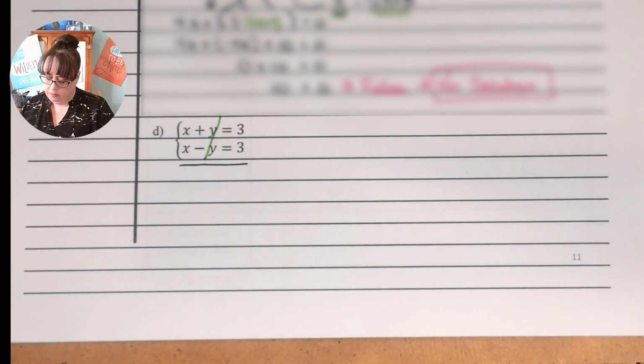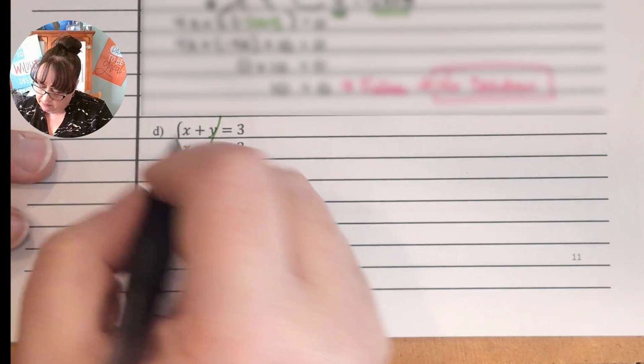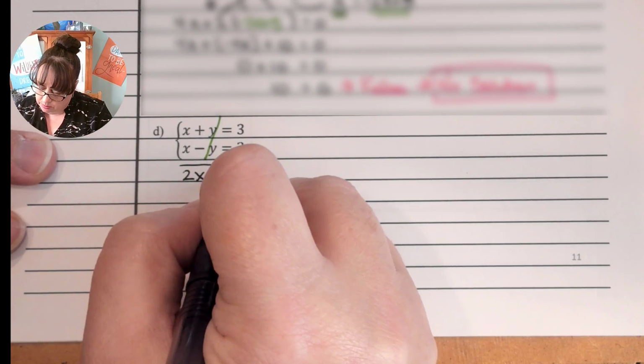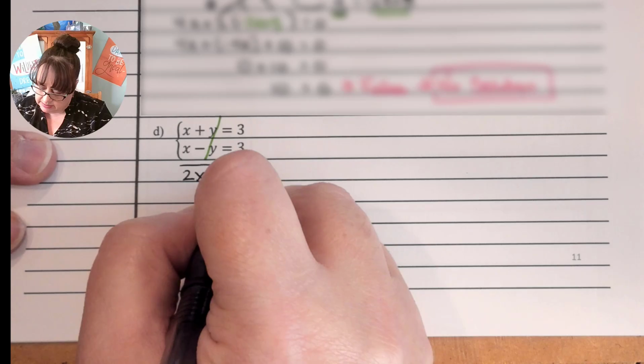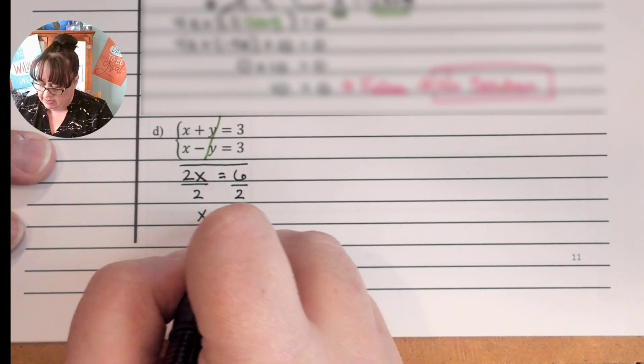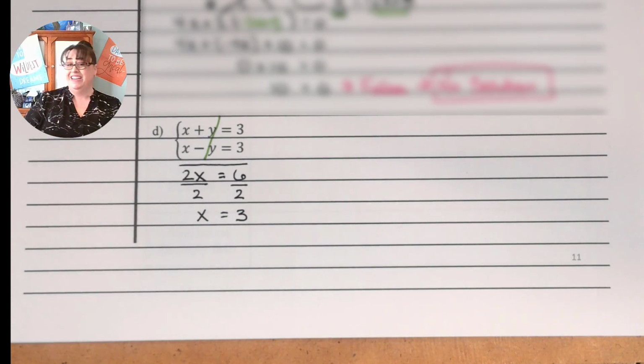That becomes 0. And I am left with 2x is equal to 3 plus 3, which is 6. So now I'm going to divide both sides by 2 and x is equal to 3. So this here is not a special solution. This here is an actual answer that I'm going to be able to find on a graph because I have a value.